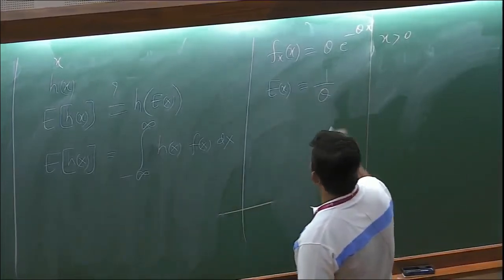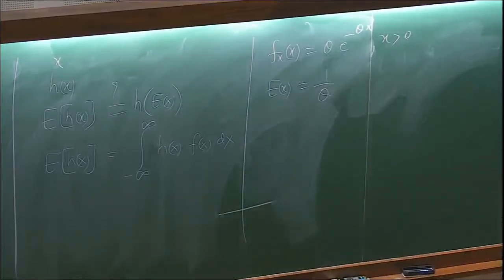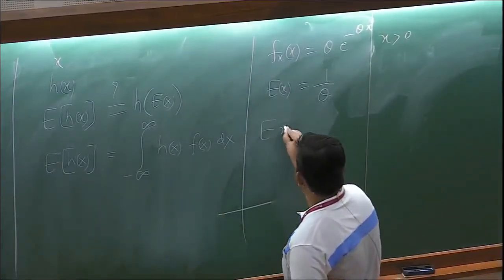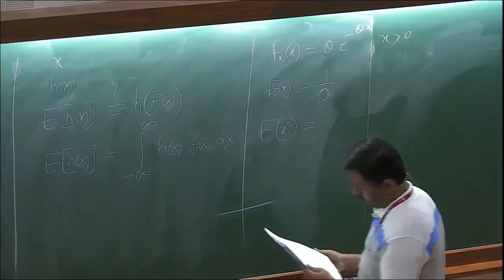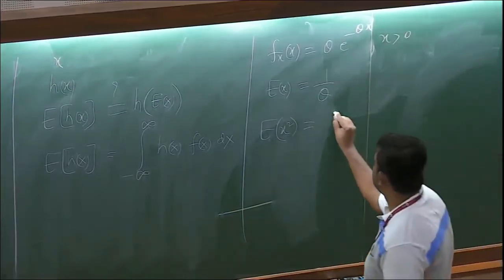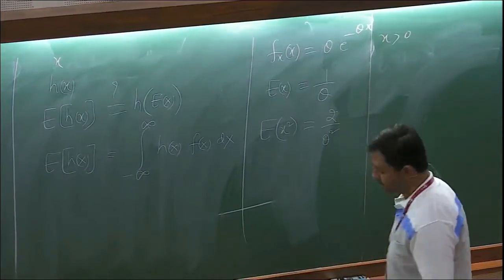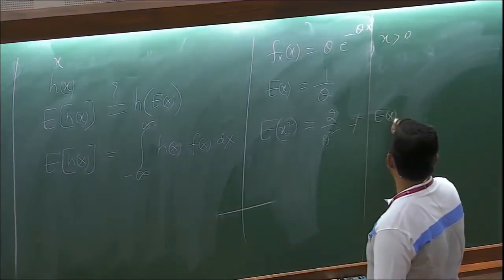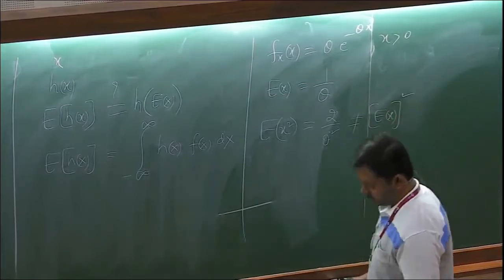It's a simple integral using the definition, and you'll find it's 1 by theta. However, if you compute the expectation value of x squared, that turns out to be 2 by theta squared, which is not the same as the expectation value of x, the whole square.